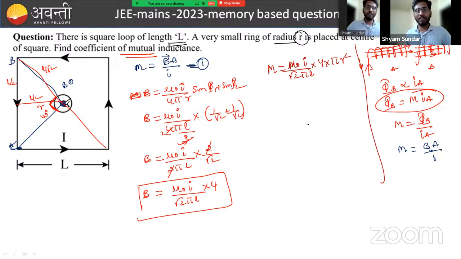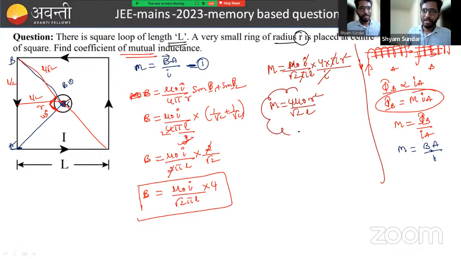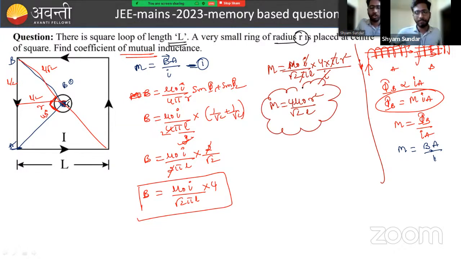This pi r square comes from the area of that ring, divided by I. The current I cancels, this pi cancels, then mutual inductance value will be 4 mu naught r square divided by root 2 L. Okay, this is all about the mutual inductance of that coil.